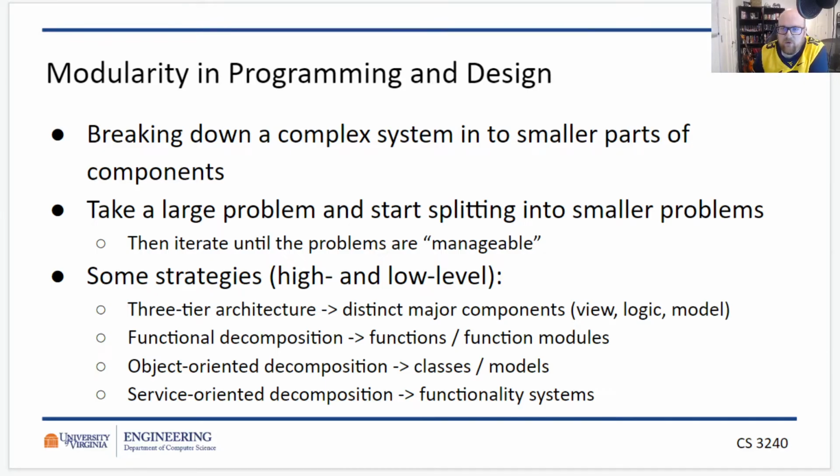If I told you, sit down and write a micro donation system, you're probably not going to do that very quickly. But if you break that down into smaller pieces, here's the login system. Here's the browser that lets you browse where you can make your donations to. Here's the payment system. Each of those chunks is easier to take a bite out of. And you can break it down even further. And that process is called decomposition.